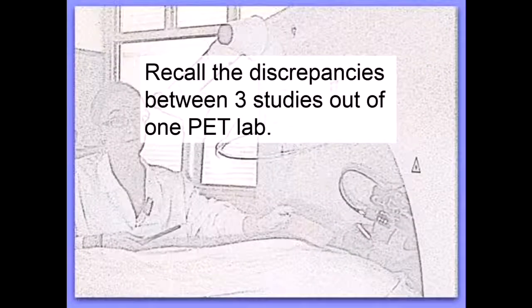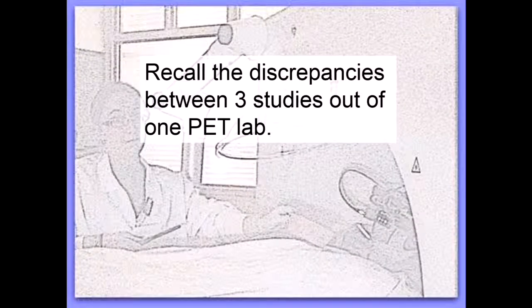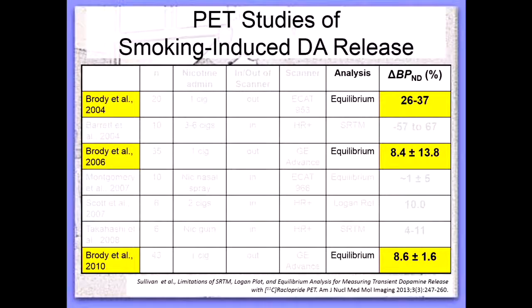All right? And so remember those 3 studies by the same group which had different results. And we looked and we looked and we looked for a long time until the papers that they had written were threadbare. We looked at them and handled them so much until one of my graduate students found this slight difference.